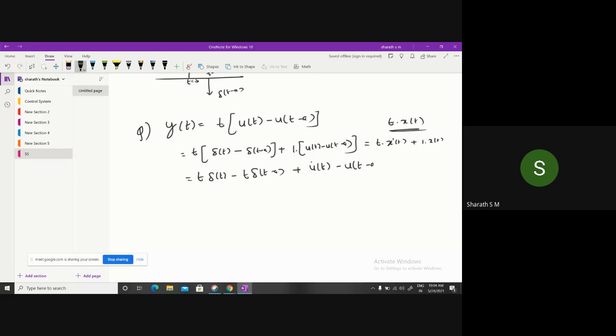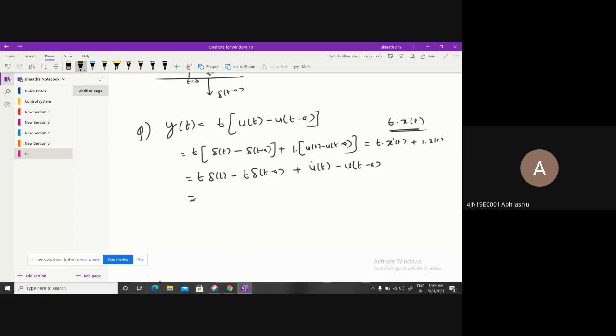So t into delta of t means that t is equal to what here? 0. What's the value for t? t is equal to 0, minus t into delta of t minus a. What's the value of t here? a.